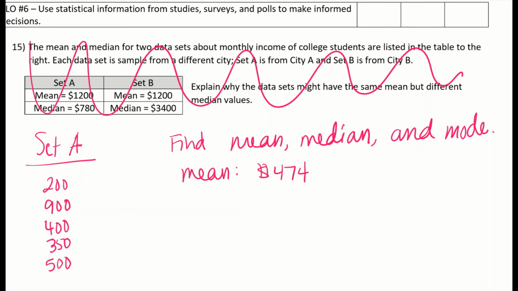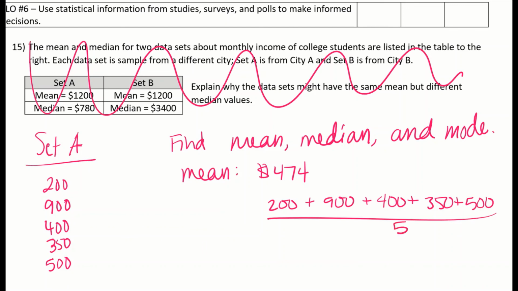So mean is where we add them all up and divide by how many there are. So that should actually be 470. And then median is where we list them smallest to greatest and pick the middle number.